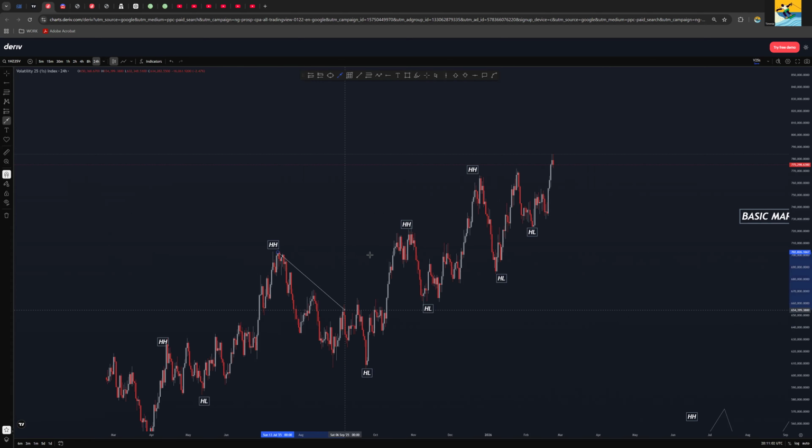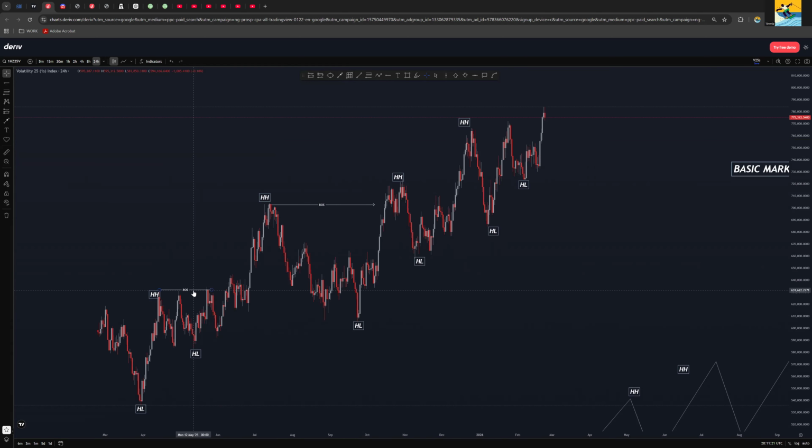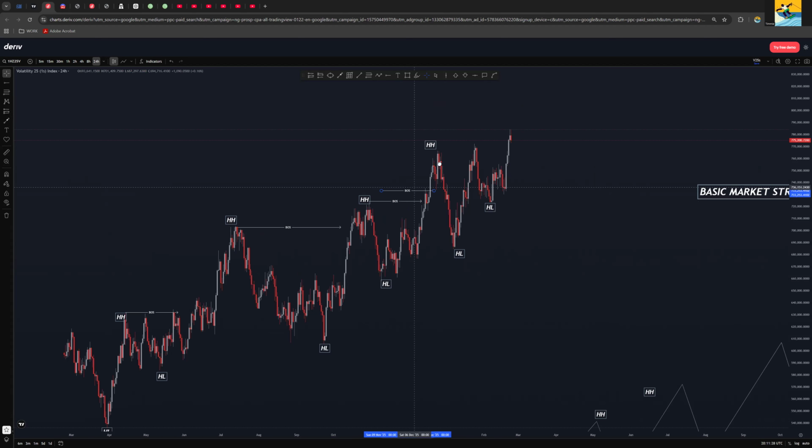Now we can also label the breaks of structures. BOS. BOS. Let's clone this. BOS. BOS. And BOS.